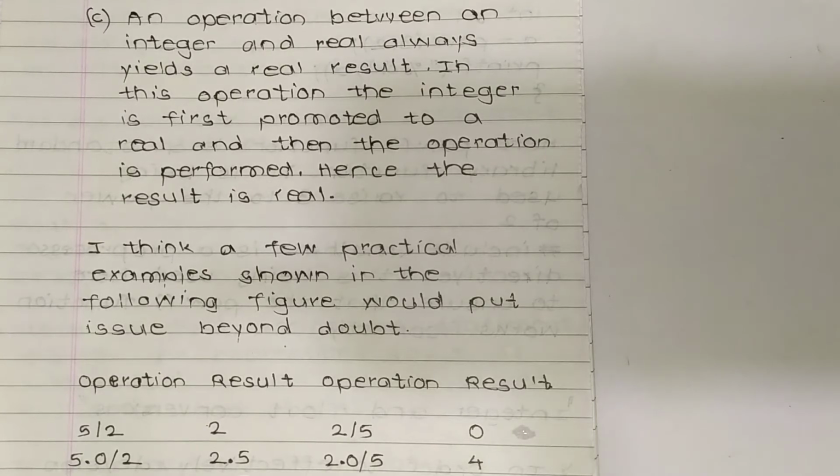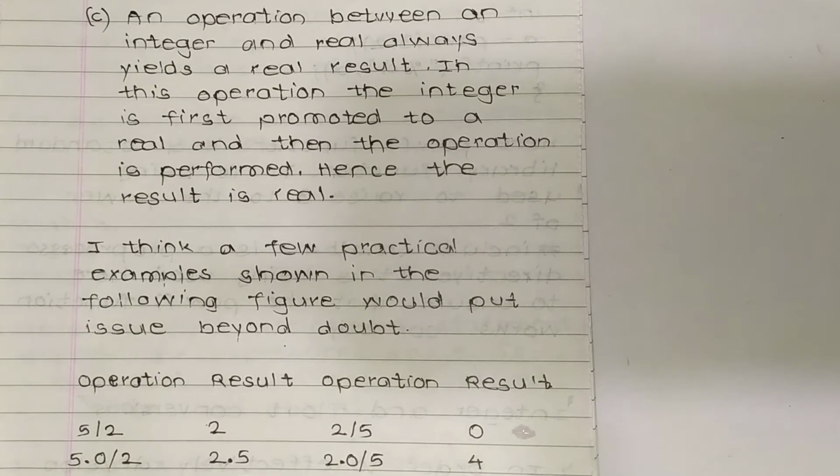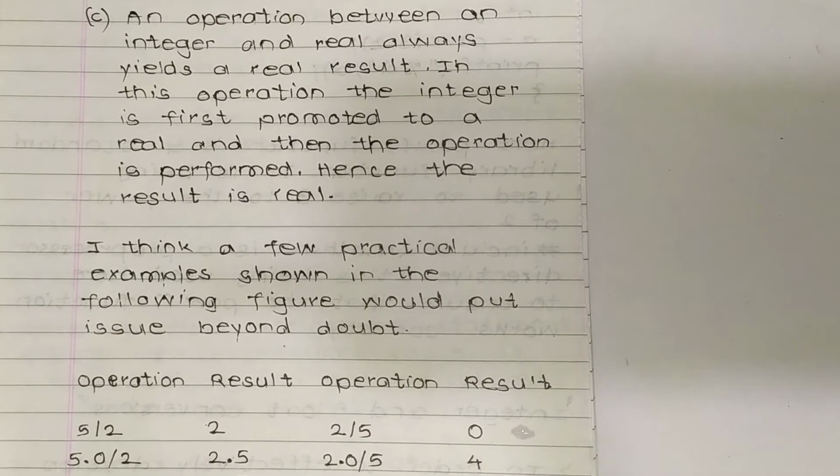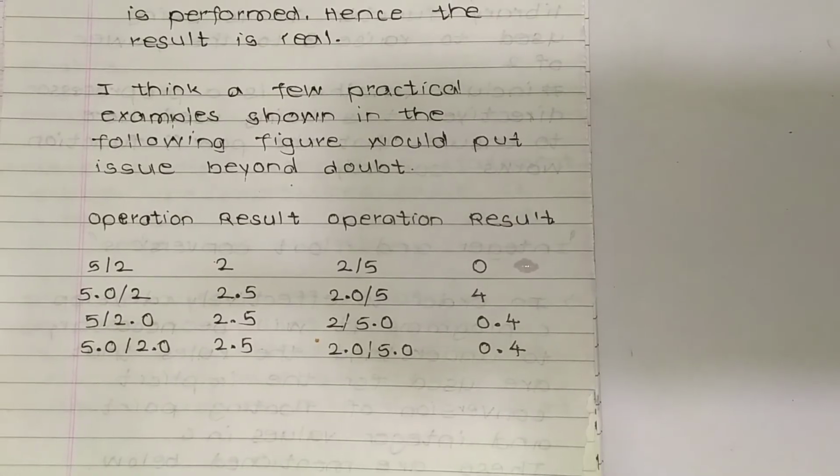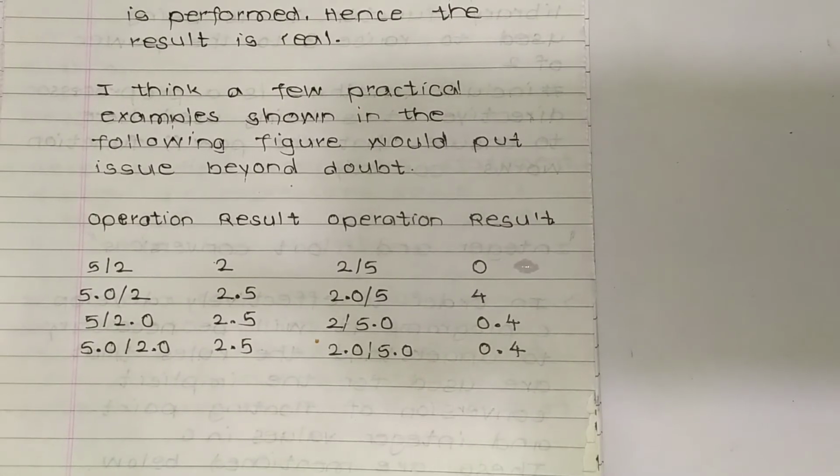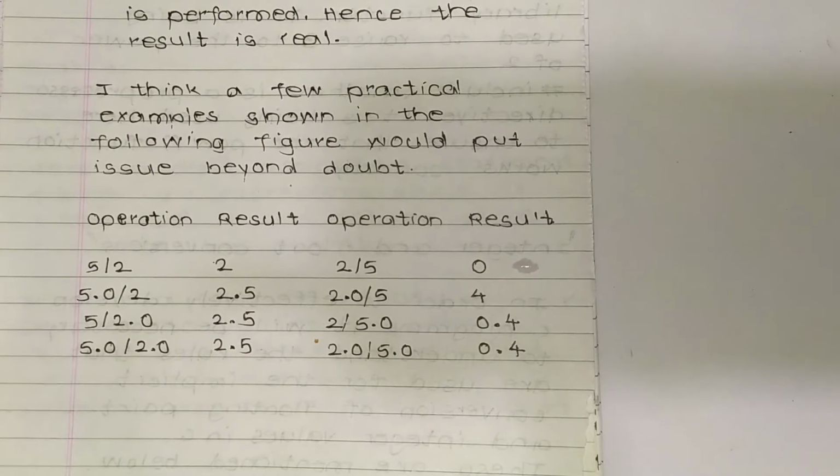So these are some practical examples of operations between real and integer. Operation 5 divided by 2, the result is 2. Now 5.0 divided by 2, so 5.0 is a float, and divided by 2 the result is 2.5. Now 5 divided by 2.0 is 2.5.